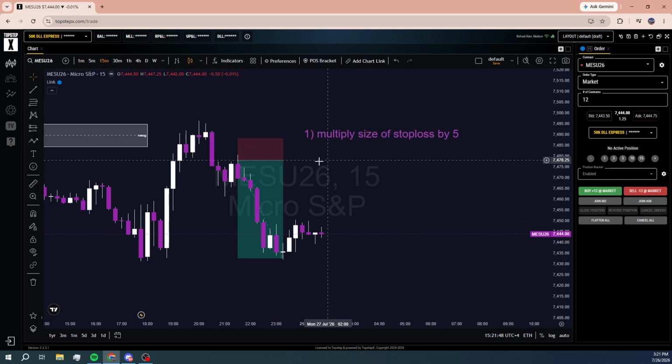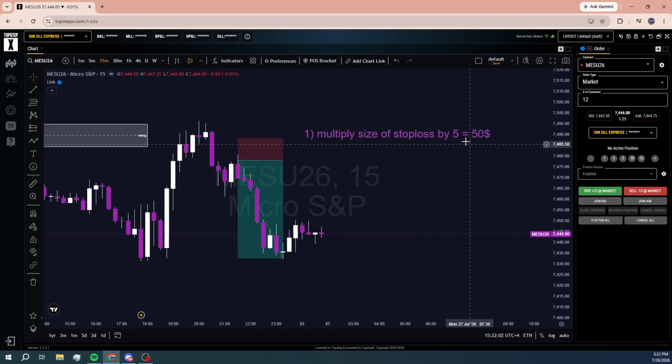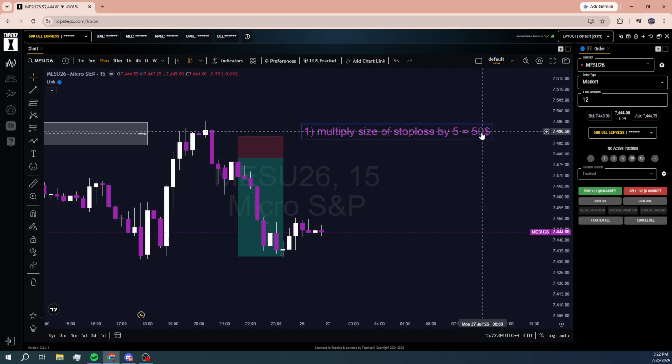Now let's understand how many contracts we should enter with. First of all, we check what the points of our stop loss are. It is 10 in this case. So first of all, we multiply the size of stop loss by 5, which is what? 10 times 5 is $50. So what does $50 mean?